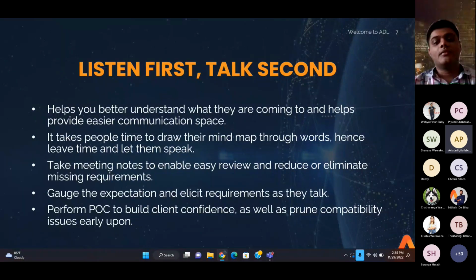So in their brains, they will start creating mind maps. So just leave time and let them speak. Initially, they might be proposing something, but thereafter it might get changed. So to explain, as they are from different backgrounds, or even it could be the same with different experiences, it will take them time to provide their mind map into words.